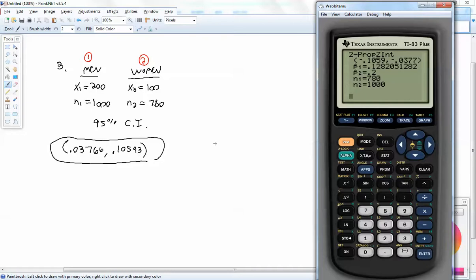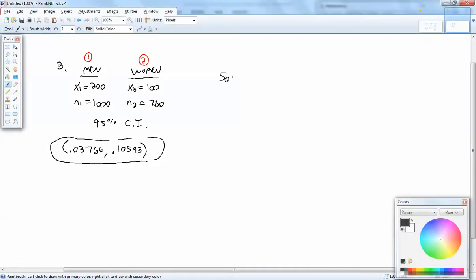But realize that if we had, and this has nothing to do with this problem, but if I had 50% men, and let's say 20% women, just dealing with the straight numbers here, if I found a difference between men and women, that'd be 50 minus 20 equals 30.